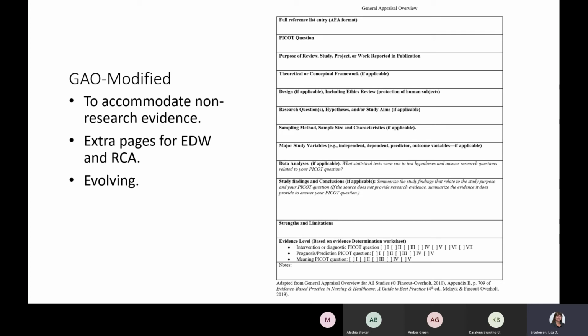So when you get to Evidence-Based Practice 2 in NU536, you might have a slightly different version of this form. Just keep that in mind. For example, last semester, this information at the bottom of the form, the evidence level based on the evidence determination worksheet, actually appeared at the very top above the reference list entry piece of the form.